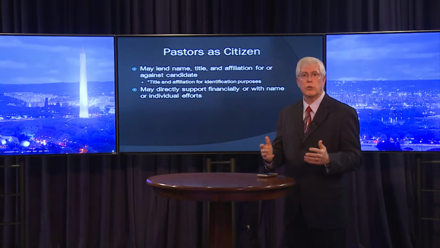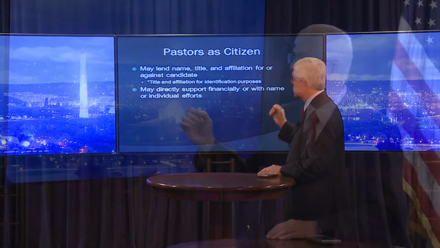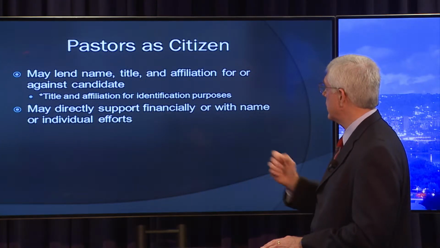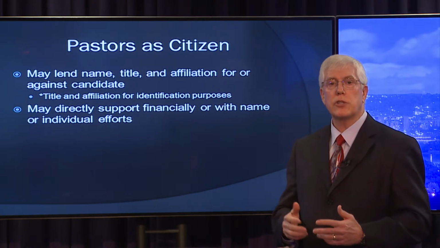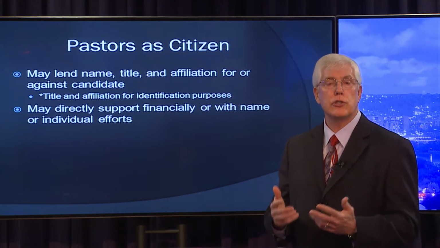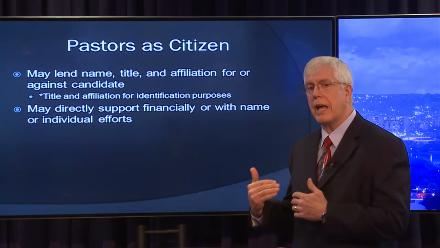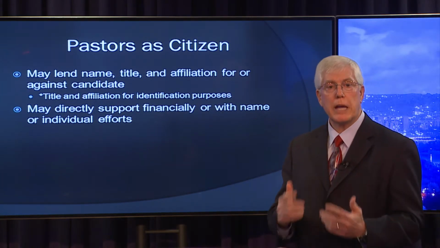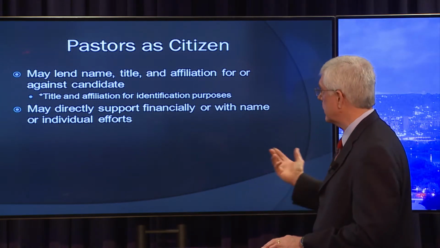You can put that in a brochure, you can put it in a full-page ad, as long as you have an asterisk after the pastor's name or the church title, and you say, title and affiliation for identification purposes. That, according to the IRS, is just a title that identifies you and your affiliation, but it is not, by virtue of that asterisk, an endorsement of the church. So pastors can lend their name as support to or opposition to a particular candidate.